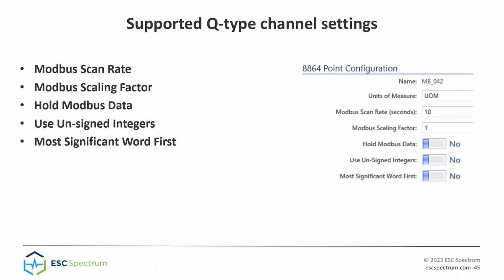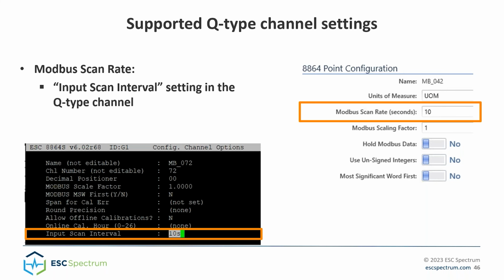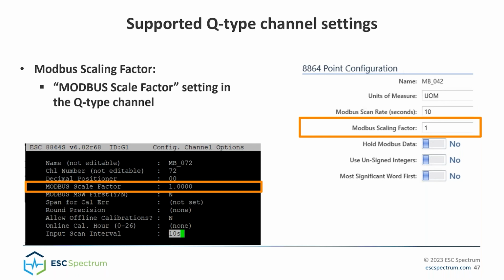What we have here is the Q-type channel settings on the left, and basically they're a mirror of what is seen on the administration page. So you have scan rate, scaling factor. This is the same thing, the similar settings between the 8864 and its Prism equivalent. You've got input scan interval, it's Modbus scan rate.